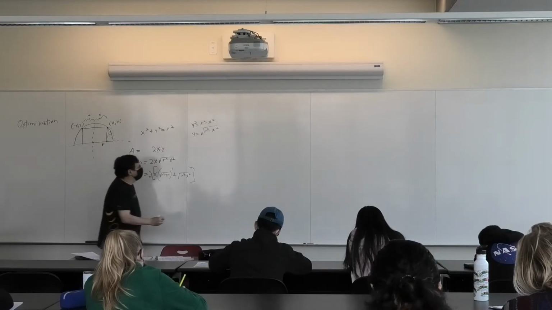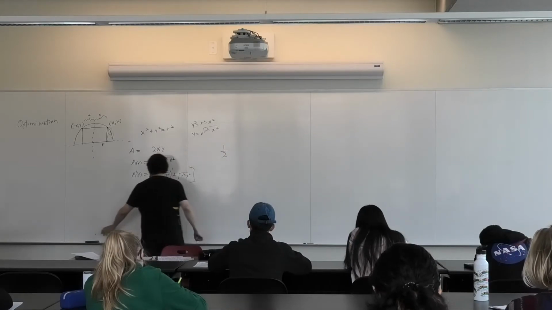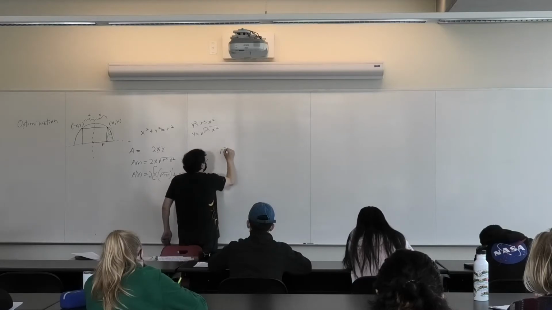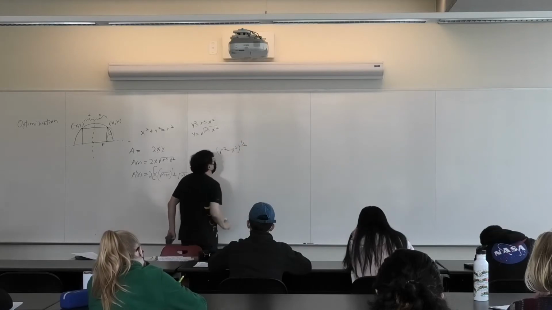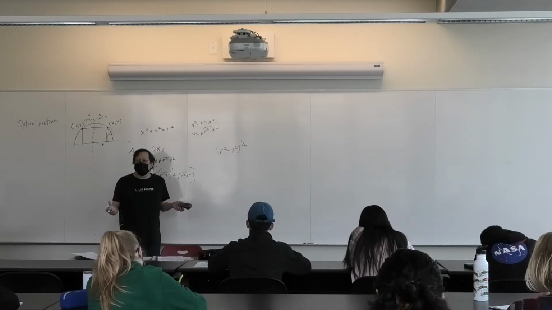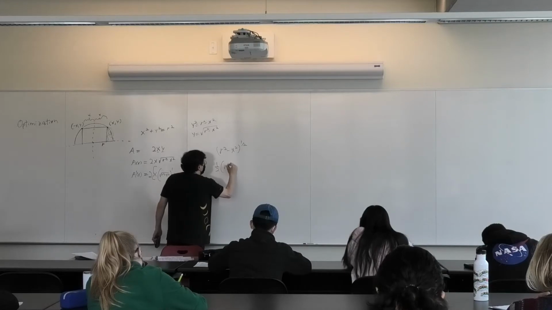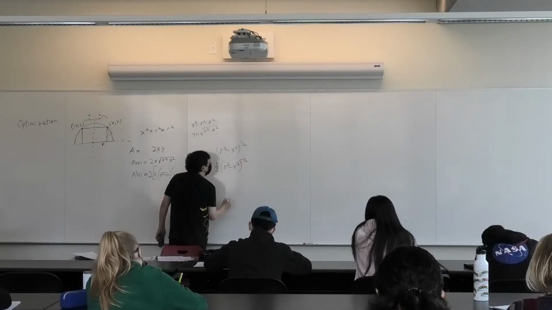All right, r squared minus x squared, square root of it. Well, that's kind of like 1/2, r squared minus x squared to the 1/2. So I want to find the derivative using the power rule. So that's 1/2 r squared minus x squared to the negative 1/2.